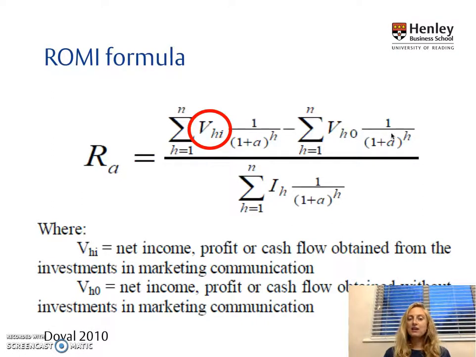So the first one is really how much did we earn in total when we invested in marketing? Say your profitability was £1.2 million, and we deduct what we would have gained without investment. Say before we used marketing activities, it was 1 million. So 1.2 million minus 1 million would give you this data. And then you divide by the investment. And let's look into a more simplified formula now.